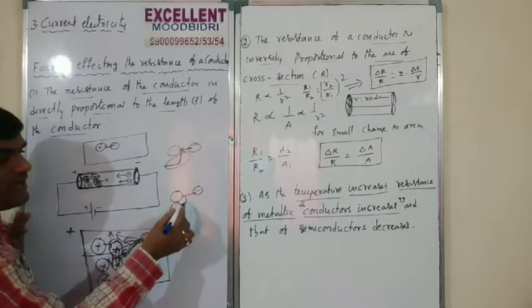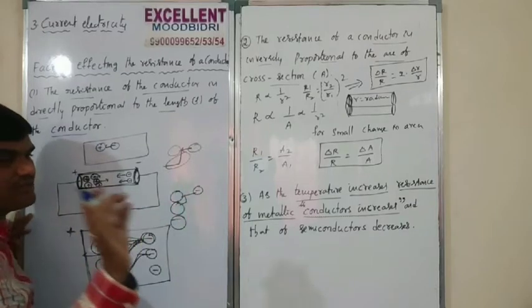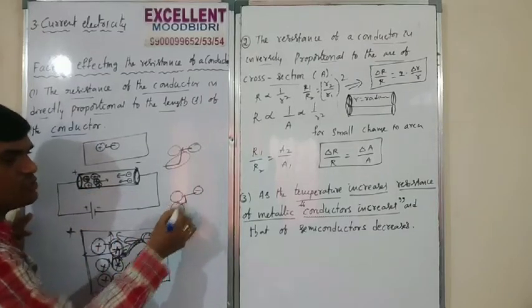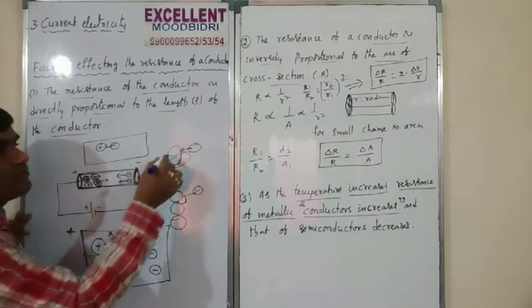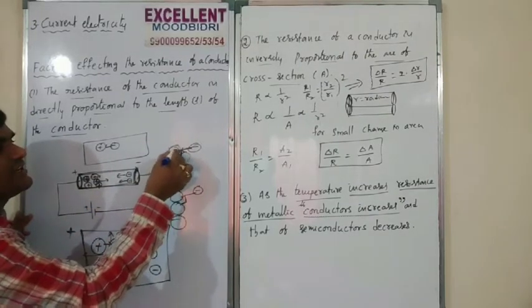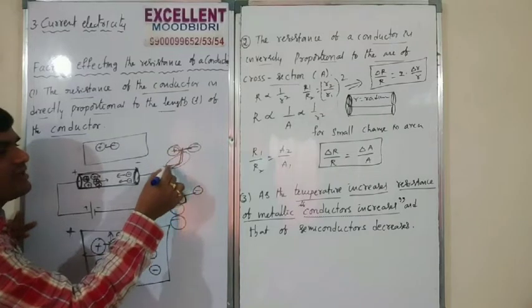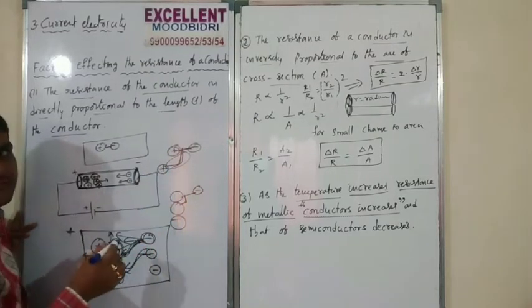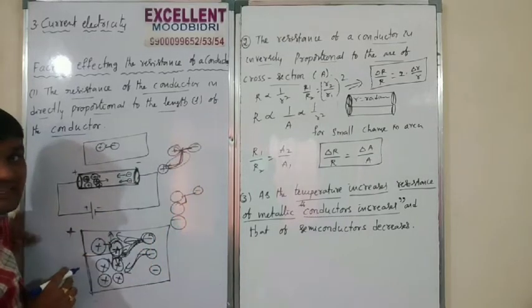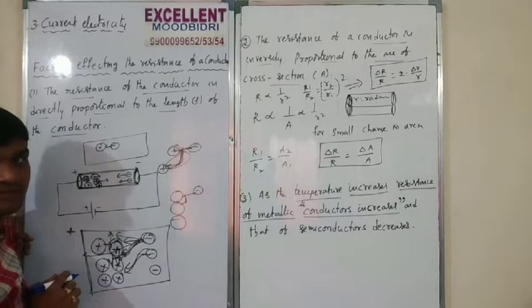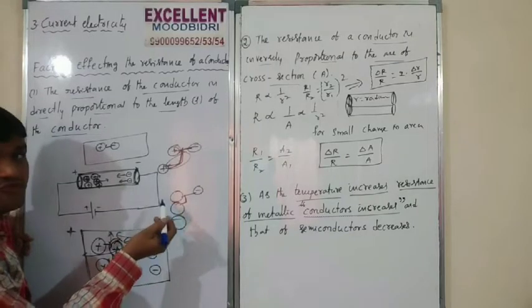The relaxation time is the average time between two successive collisions. Here there is no vibration. Therefore, initially it can hit here, again come, and once more hit here. That means from here to here some time will be there. That is the relaxation time.